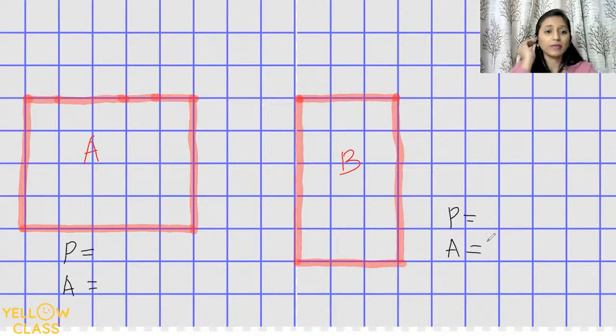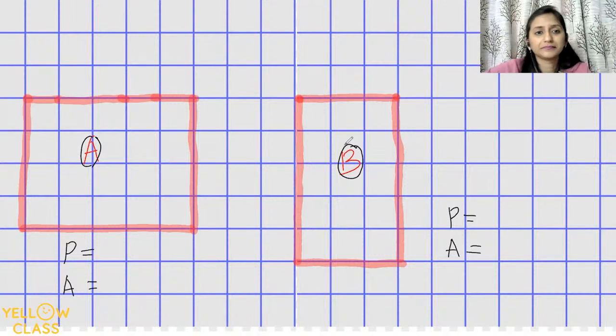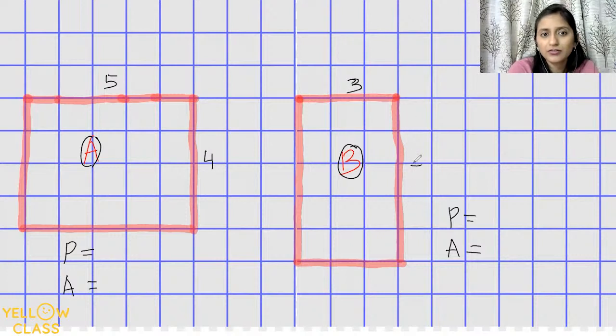Okay, so perimeter for A. Let's write out their lengths: 5, 4, and this is 3, and this is 5. So now, just by dimensions only, can you find out which will have more perimeter?